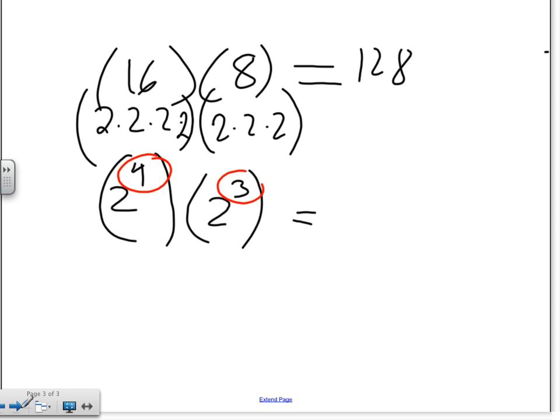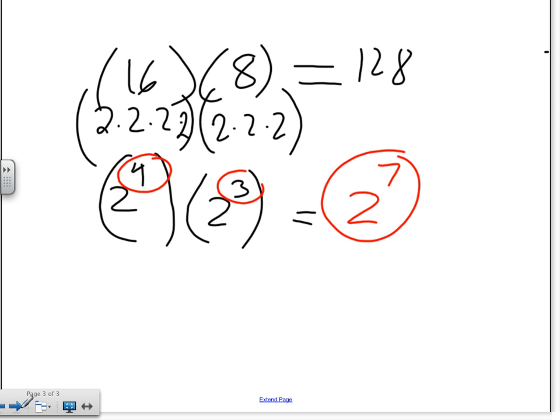In this case, what's happening to the power? What do you think? We add them. So can we just simplify this whole thing and make it 2 to the 7th power? Yeah. And we know that 2 to the 7th, if we expand, we got 128. So the first cleanup rule that we just established is that when we have the same base, like same blocks, and we have a whole bunch of blocks together like that, we just put them together.